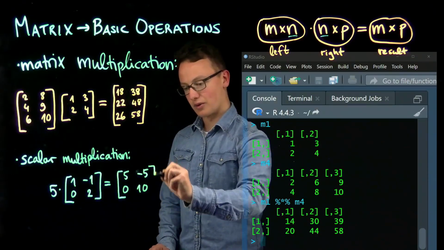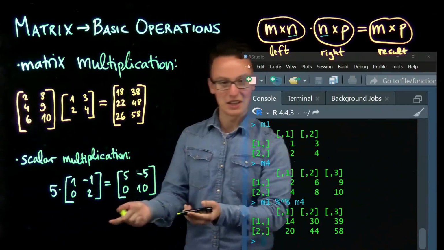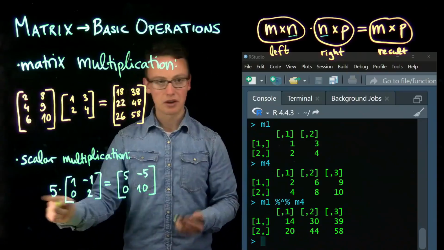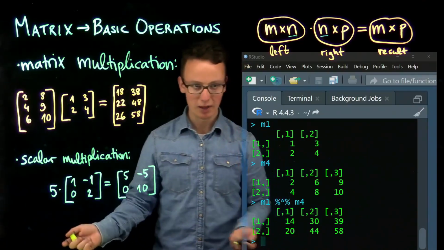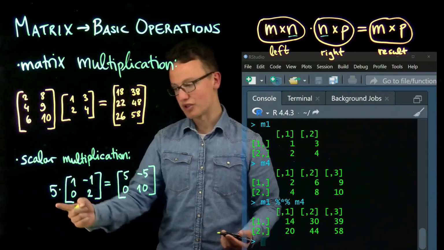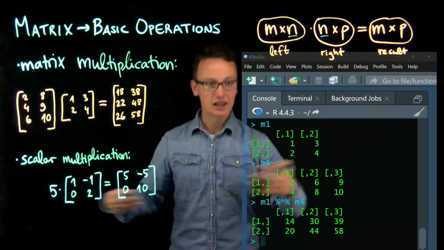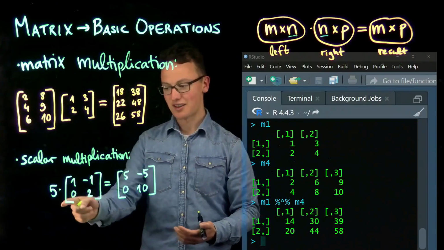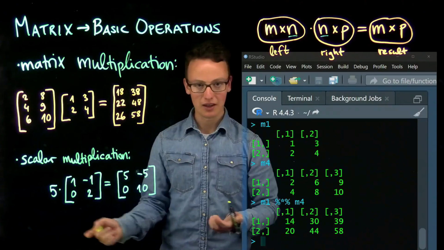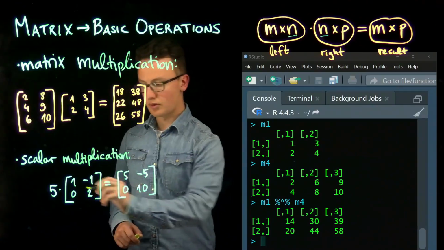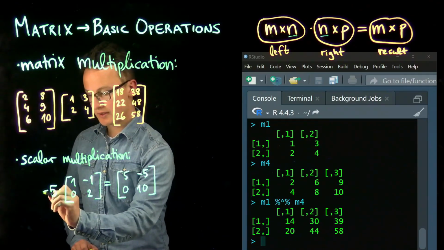So that is the whole idea behind scalar multiplication: take a matrix, multiply it with a number, which could be some real number, for example 5, and then each element of this matrix will just be scaled, multiplied by this number, okay? And we can write it either way. We could write it like this, or we could write first the matrix, then the scalar.